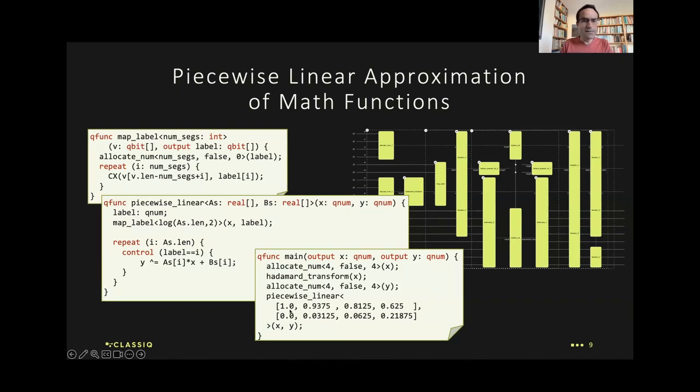And the nice thing about it is that it's, as you can see, 5 lines of code. And the idea is that we chop up the target function in a certain domain into subdomains, and approximate each part with a linear function.